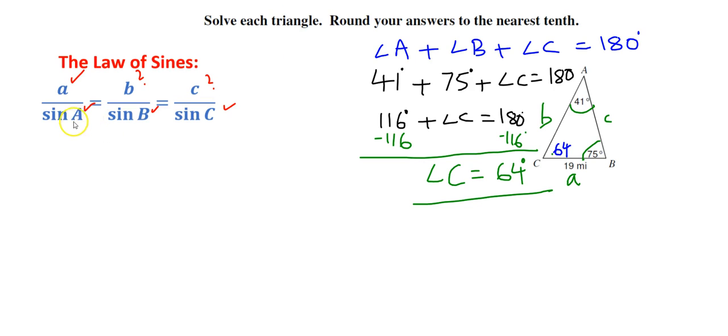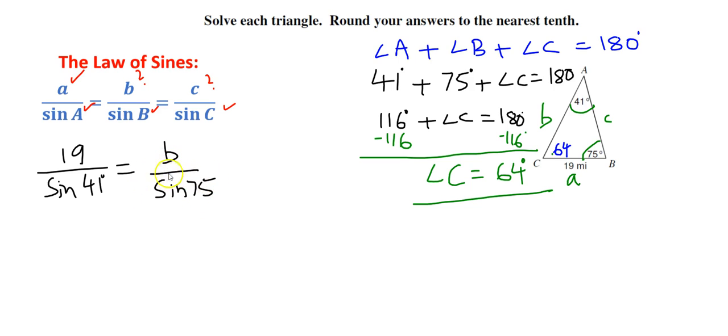Right? So let me make use of the first and second ratio. My A is 19 over sine A, that is sine 41 degrees, equal to B, which I don't know, over sine B, that is sine 75 degrees. So our unknown B is in the numerator.